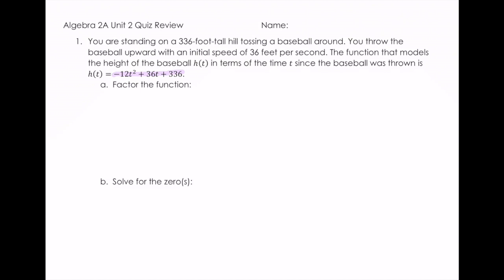So before we can do any of that, we have to factor this function. We have -12t squared plus 36t plus 336. All right, in this class, anytime that we factored anything, we wanted to make sure that t squared was by itself in the front.